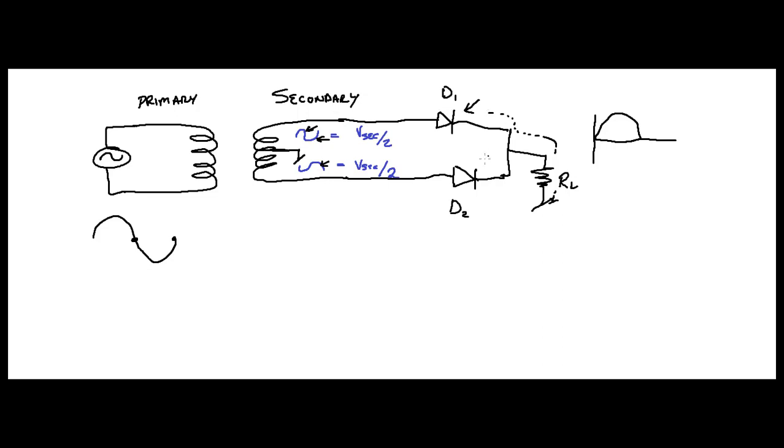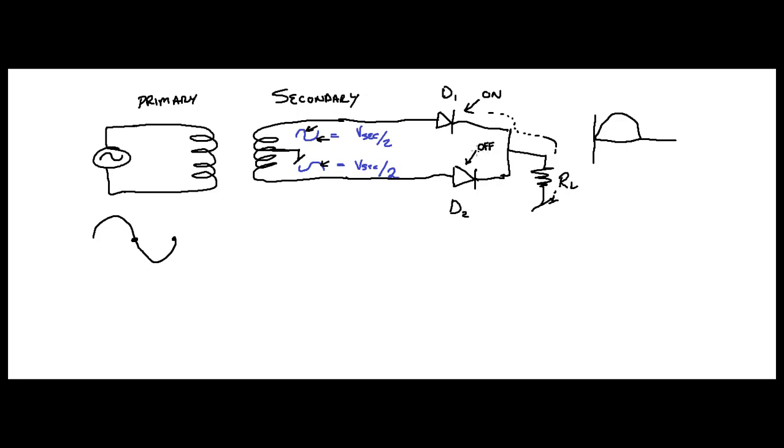When this is positive voltage, this is negative. That means this diode is biased in the wrong direction. No current's going to flow that way, right? So this one was on, and this one here was off.